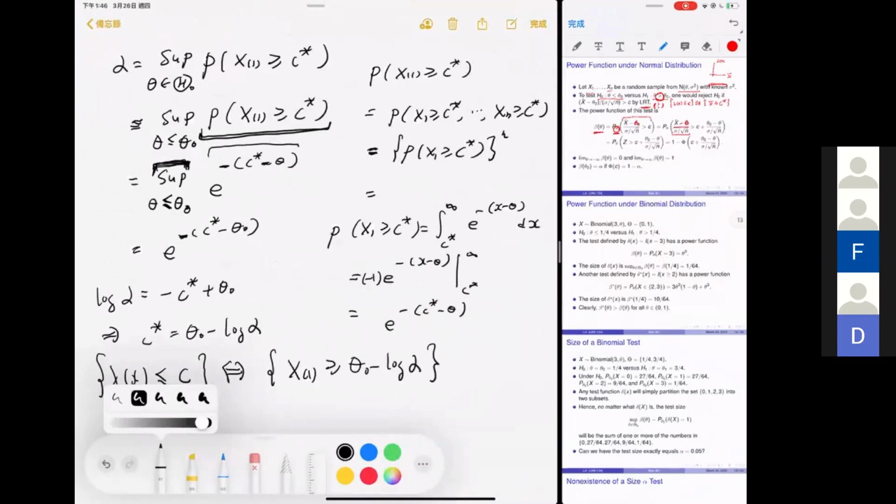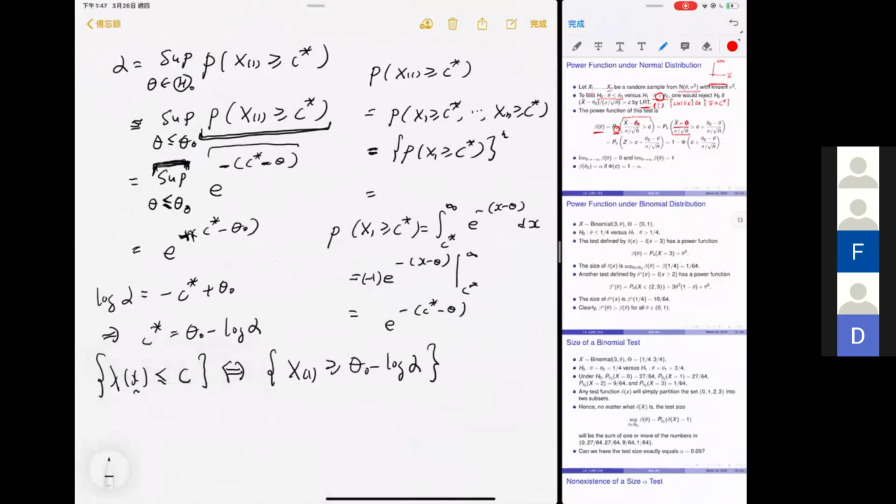So this is n right here, and it's divided by n. Yes, we do have n right here. Be careful. Okay. Anything else?